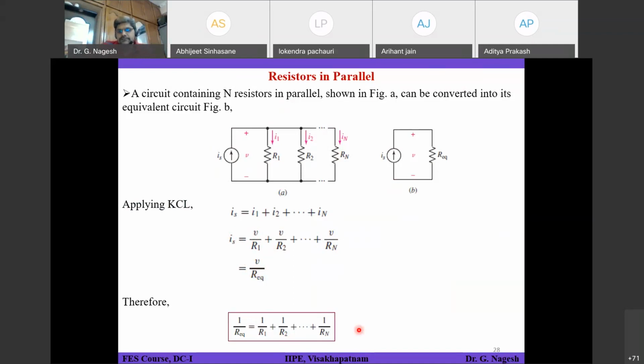Here, the sum of the inverses of the individual resistors is equal to the inverse of the equivalent resistance. So 1 by R equivalent is equal to 1 by R1 plus 1 by R2 and so on up to 1 by Rn. This is how you find the equivalent resistance when they are connected in parallel.